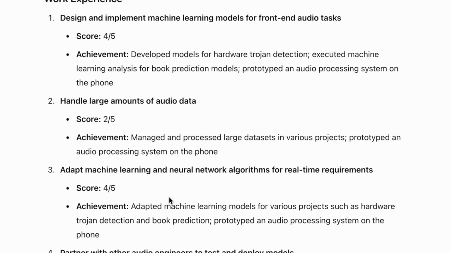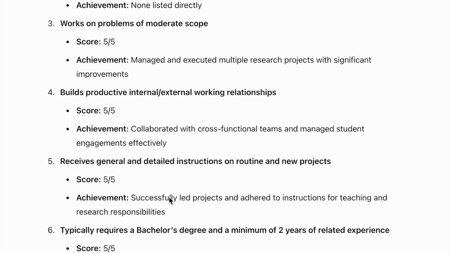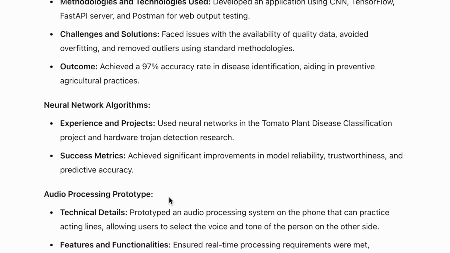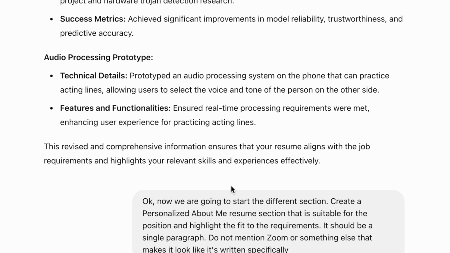Okay? As you can see here, the additional information says methodologies, technologies, develop an application using CNN, TensorFlow, FastAPI, Postman for web API testing, some challenges, some of the outcome.